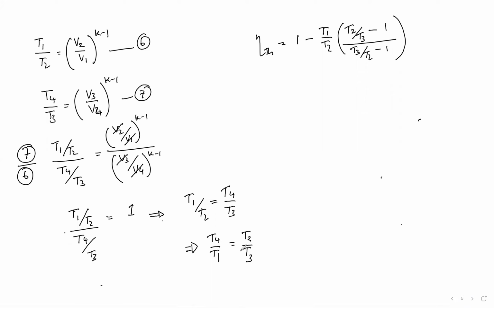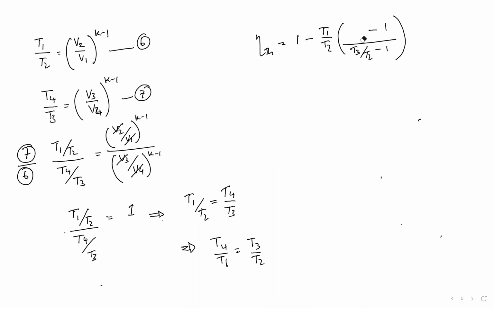Sorry, I made a mistake here. I mistakenly wrote this, and it should be corrected as T4 over T1 equals T3 over T2. So that's what we have from the earlier equation.